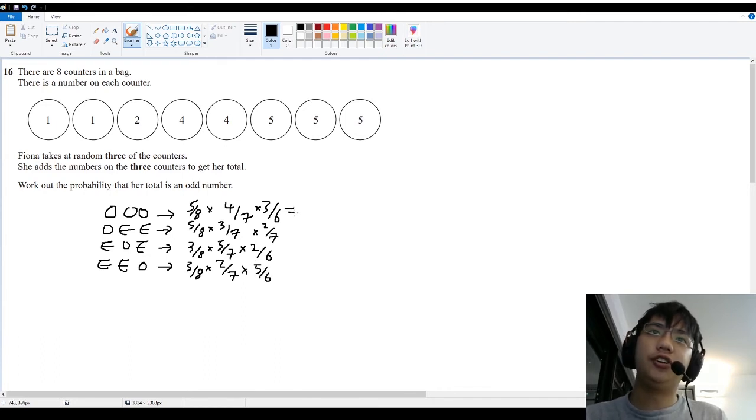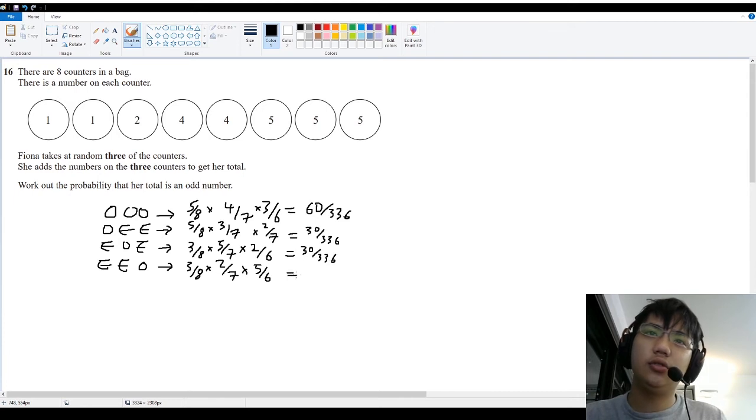So for odd, odd, odd, the multiplication here equals 60 over 336. The next equation gives 30 over 336. This one is 30 over 336. And this one you have 30 over 336.